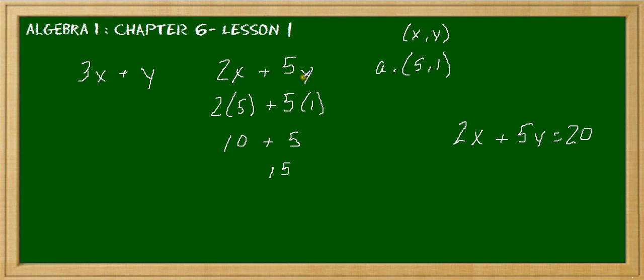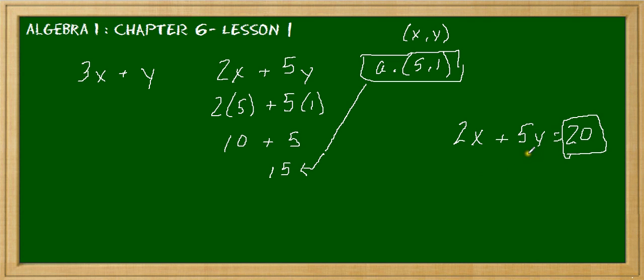That would be totally different from what we did here, because then we'd have the value and we'd need to know what fits, what would make this true. In this case, anything would be true as long as we're doing our math properly. We're simply saying 2x plus 5y is an expression. Plug in any value you want, or in this case, they're giving us a set of values, A, B, C, D, and we need to plug in those values. So that's basically how we do number 4.